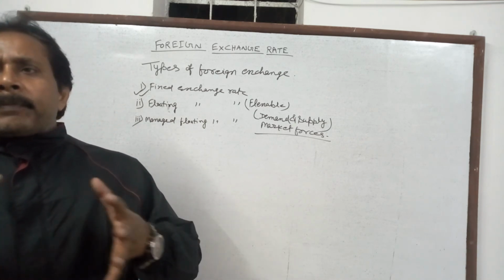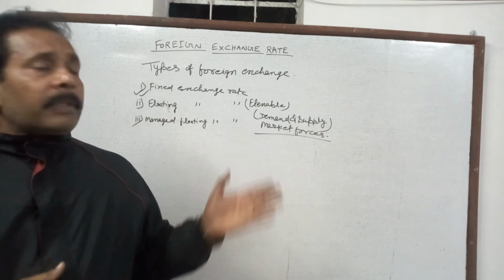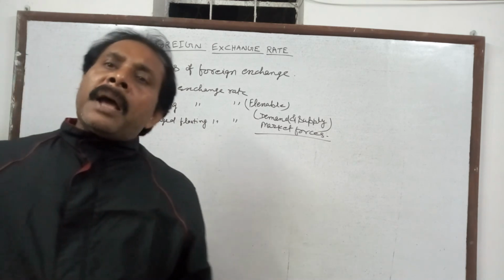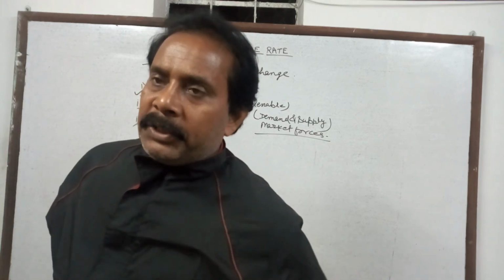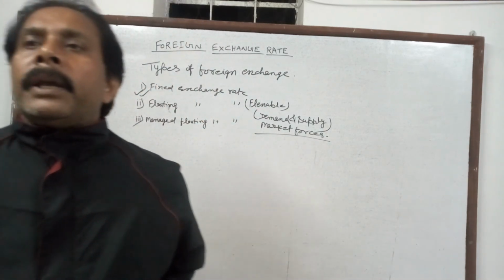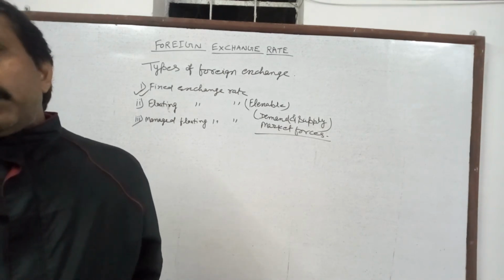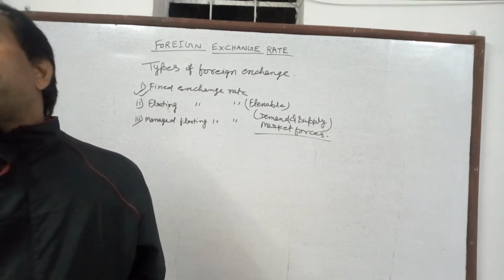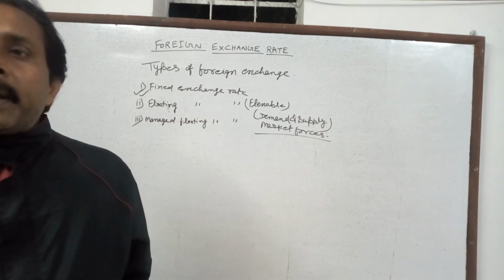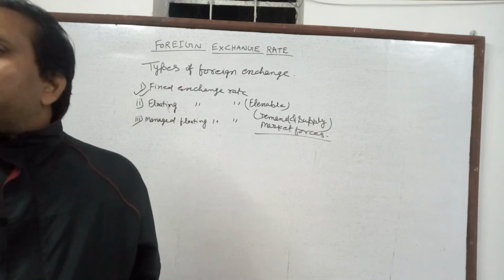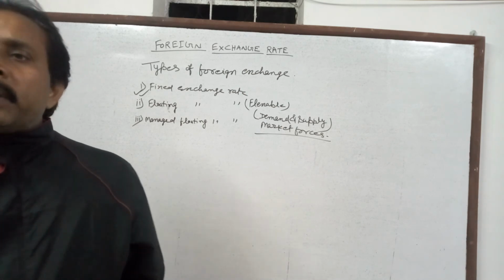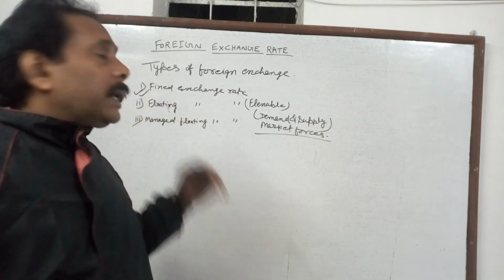With the help of demand and supply forces, the value of one currency is determined against the other currency, and that is known as the flexible exchange rate. The value of currency is allowed to fluctuate freely according to the demand and supply of foreign exchange. Here there is no intervention of the government or any official intervention in the foreign exchange market. Is it clear? Flexible exchange rate is also known as floating exchange rate.